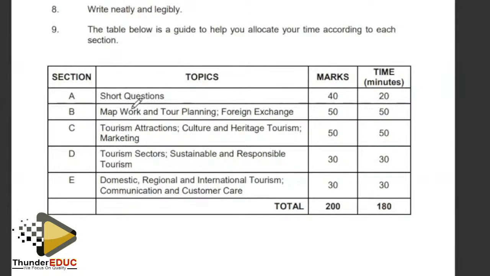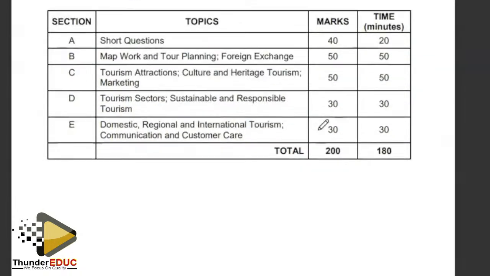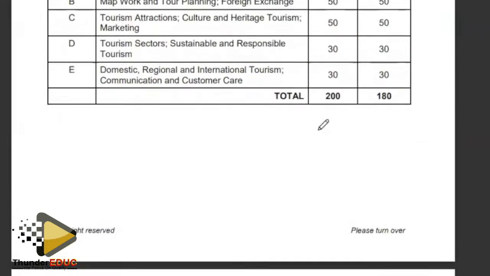Then if we look at this table, it has a breakdown of the topics which we are going to look at. Section B mainly consists of short questions, which make up to 40 marks. Then we also have map work and tour planning and foreign exchange together. Then we also have tourism attractions, culture and heritage tourism, and marketing, where we'll be looking at world icons.